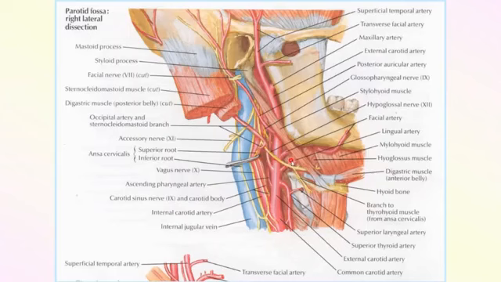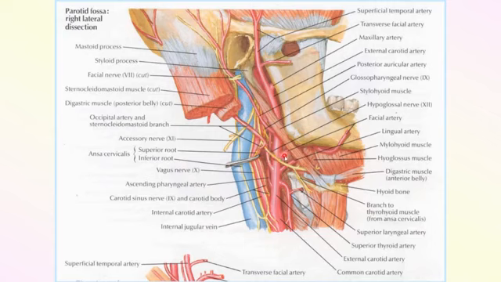And the initial segment of the lingual artery is going to be crossed by the hypoglossal nerve. So we could see the hypoglossal nerve right here. I think that if you're trying for reference, I don't think they have it labeled, but that's all right.